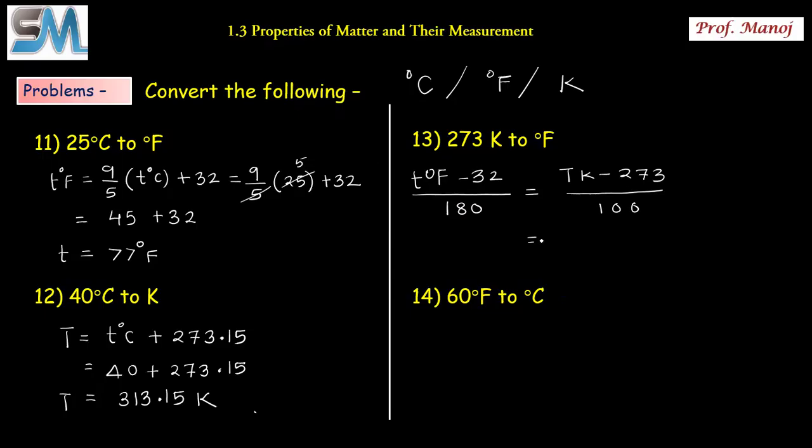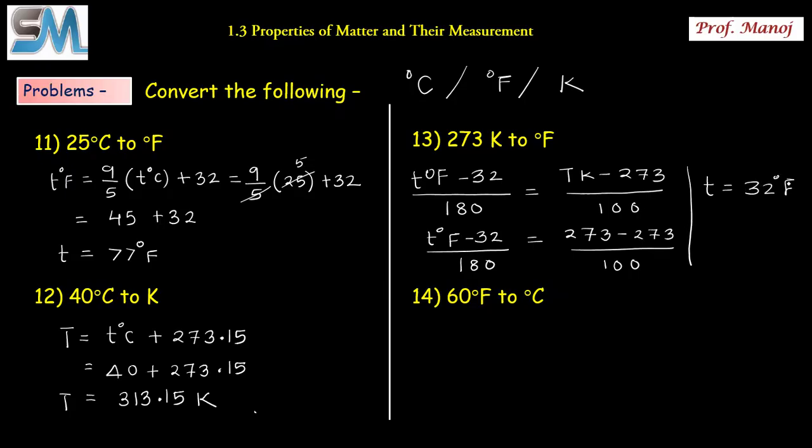Now this becomes very simple because it's 273 minus 273 over 100. So if you are calculating this, right hand side becomes 0, 180 taken on that side becomes 0. So temperature becomes 32 degree Fahrenheit.